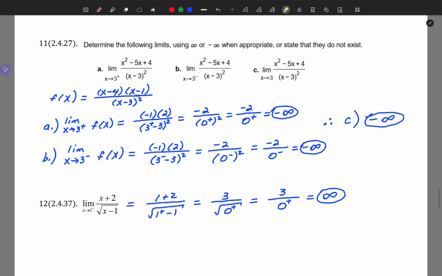Now, similar to that one, yet different, we have left and right-hand and overall limits in my next problem. It's going to be beneficial in these problems if you go ahead and factor the numerator, just to make sure that no factor of the numerator can cancel with a factor in the denominator.